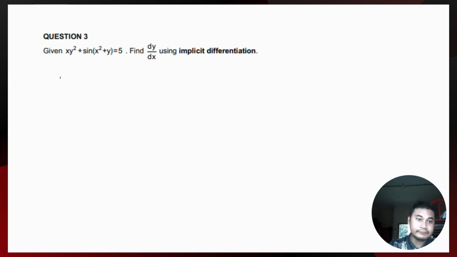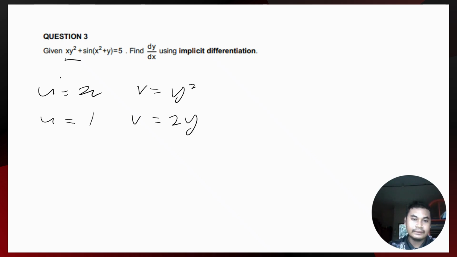For the first term, we let u equal x and v equal y squared. We differentiate u with respect to x, which gives 1, and v with respect to x, which gives 2y dy over dx.